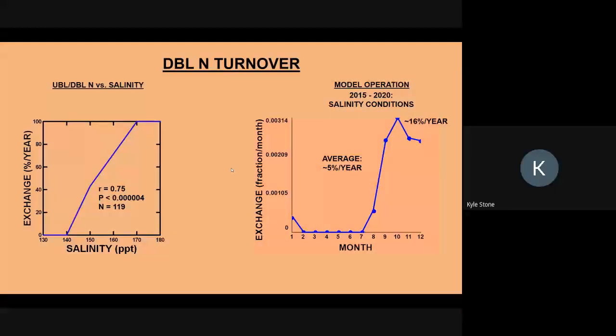All right, now this is a big unknown. How much does the deep brine layer nitrogen turn over between down deep and upper layers? To get at this, I took the concentration of inorganic nitrogen in the upper layer versus the deep brine layer, and looked to see whether that deep brine layer was increasing or decreasing, and whether the upper layer was decreasing.